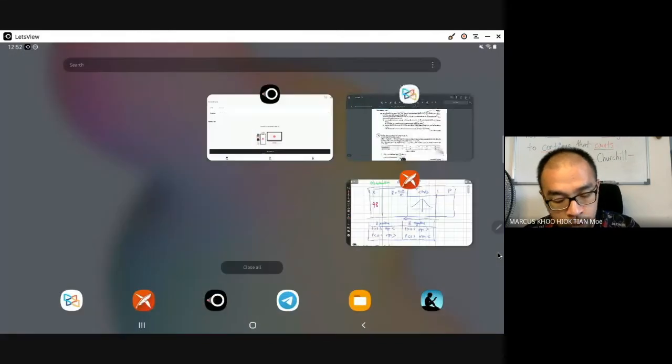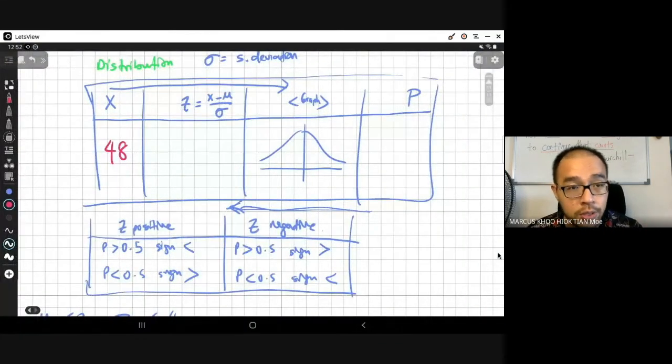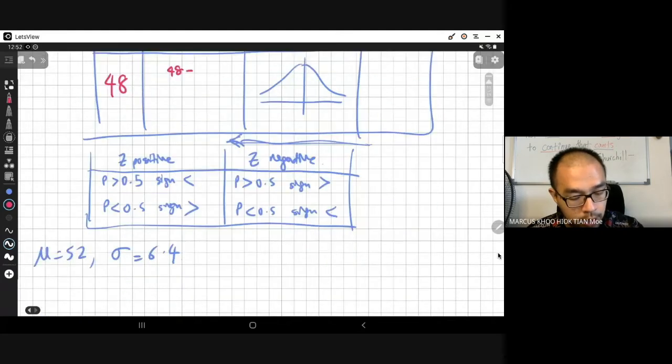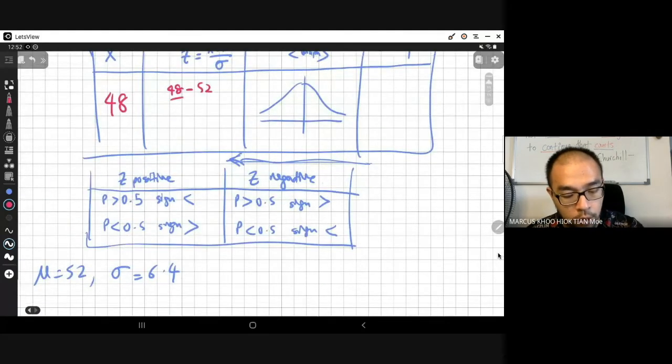So 48 kg, let's change it to Z value. So 48 minus our mean is 52, over sigma is 6.4. This will give us negative 0.625.